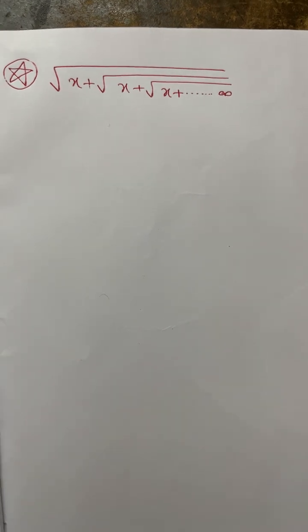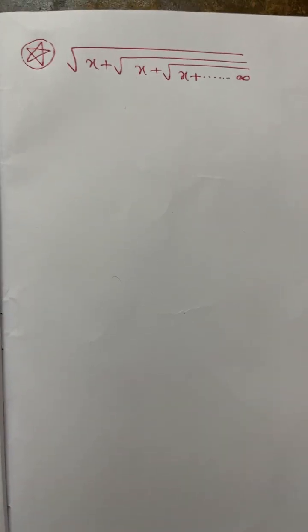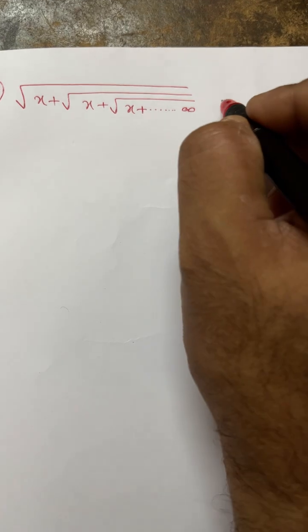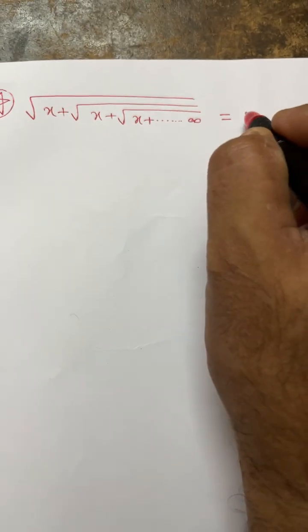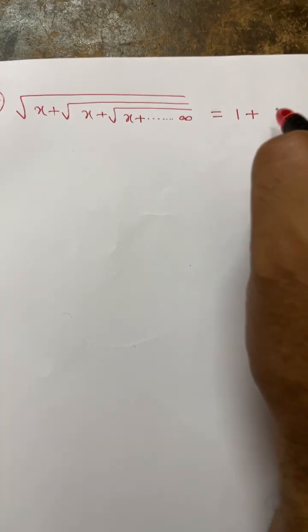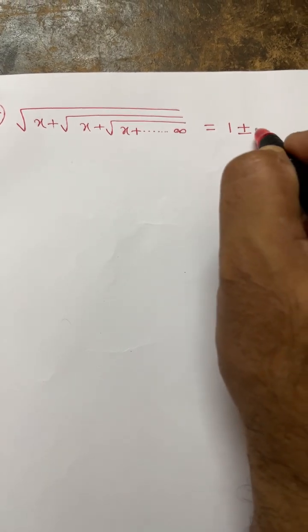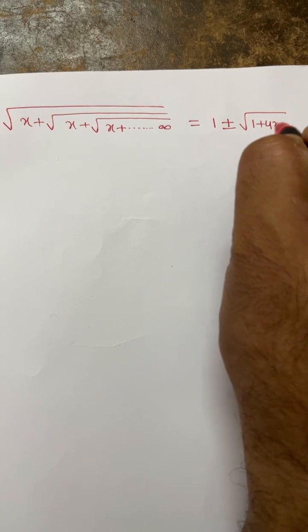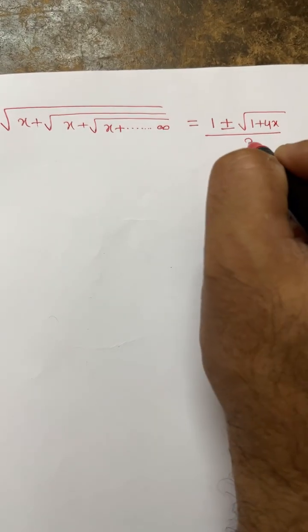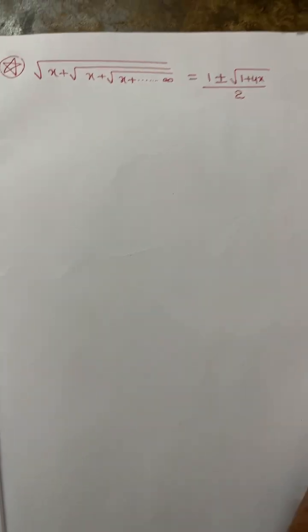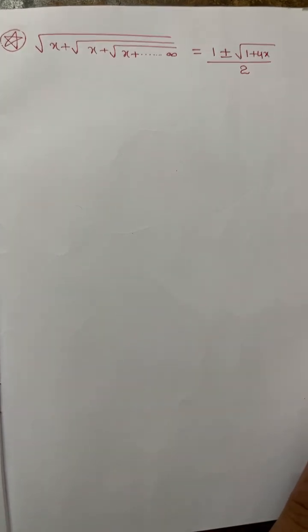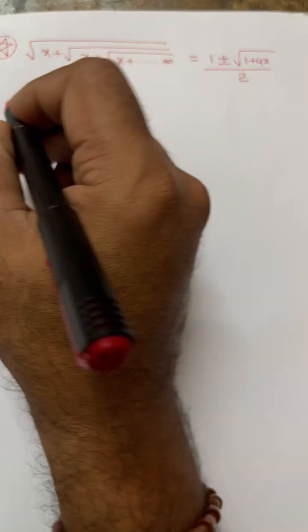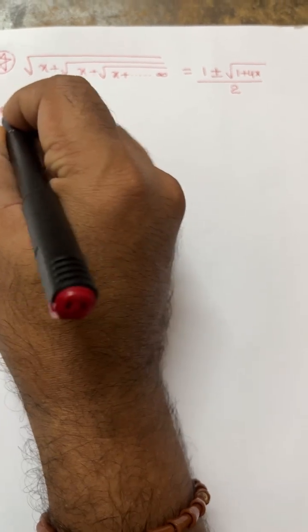So what can we get as the answer? It is equal to 1 plus root over 1 plus 4x, divided by 2. So this is the answer for this. For example, we'll discuss some questions.